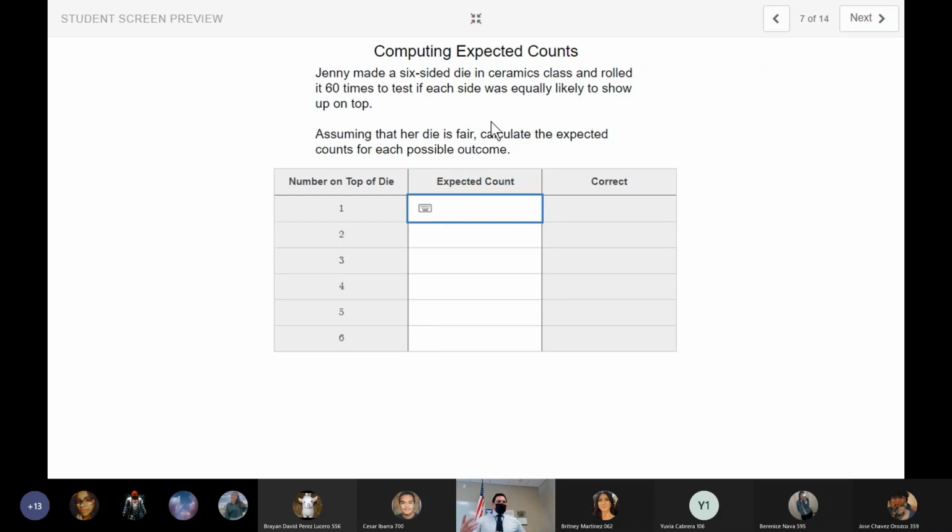What do we have in the context that tells us what that is, though? In that first paragraph, what key piece of information can tell us how to calculate how many times each of those numbers should come up?